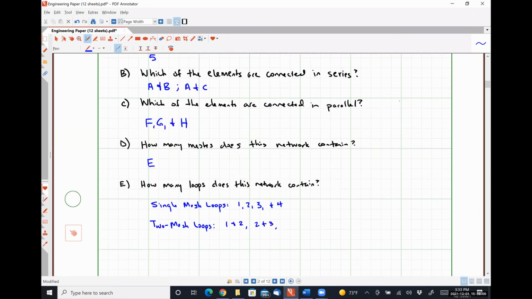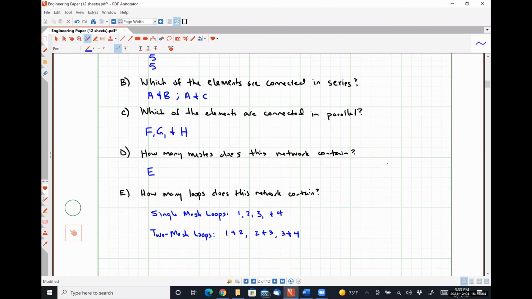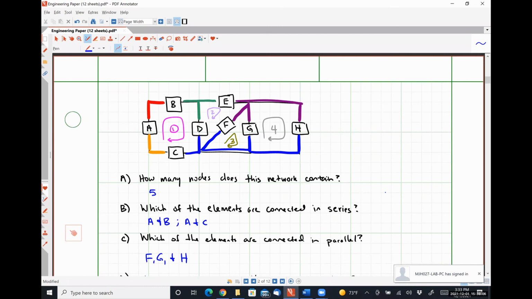So I see a little bit of confused looks. So I'm going to draw something and then probably erase it shortly after because this is going to get far too busy if I don't. That's how we could combine mesh, or that's the path we could take for the loop that contains both mesh 3 and mesh 4.